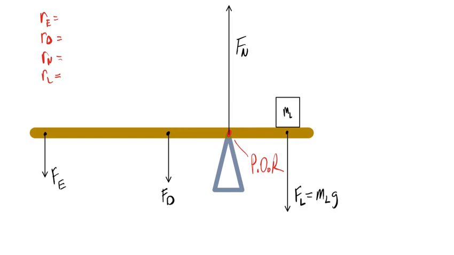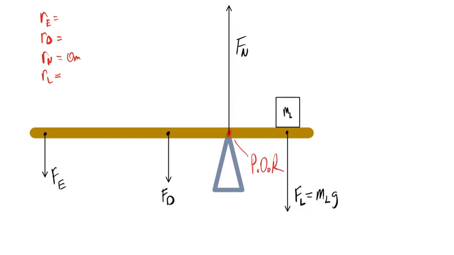Well, since the POR is going to be right here at the fulcrum, we know that for FN, it's going to be 0 meters because it's right there on the fulcrum. Now, RE is going to be from wherever FE is all the way to the point of rotation. So that would be your RE amount. RD, same thing, from here to the point of rotation. So that would be your RD. And then your RL is from the point of rotation to where ML is located.